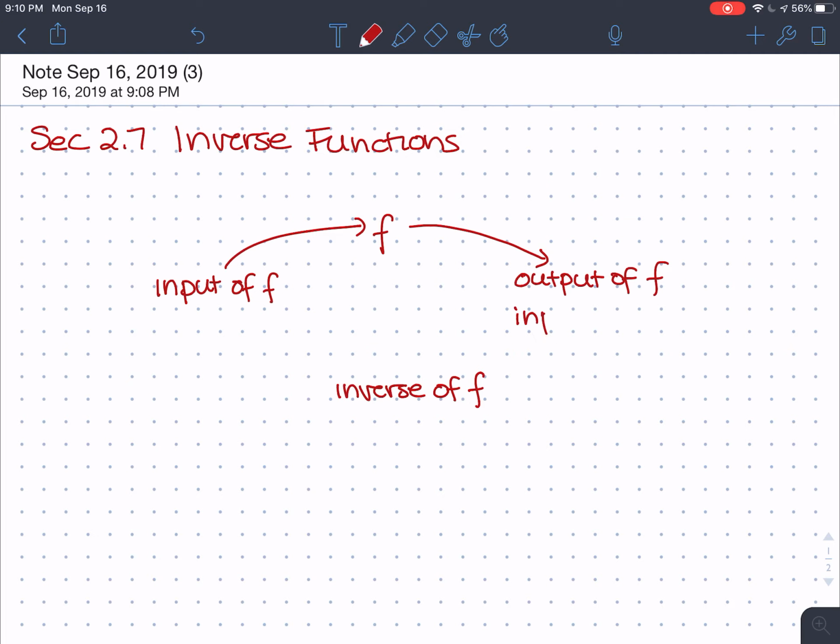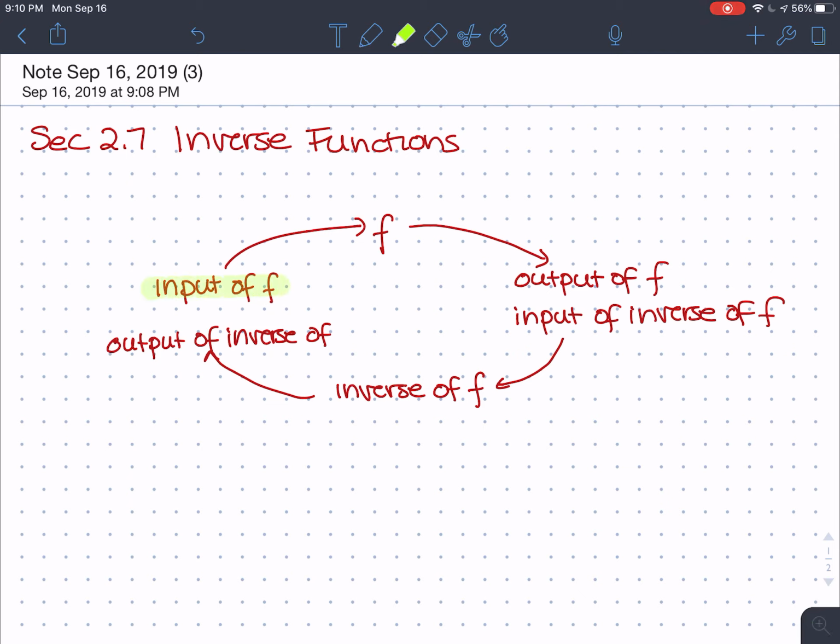It now becomes the input of the inverse of f. I put it into the function, and I get some output of the inverse of f. I'm right back where I started. It undid it. So I take an input, put it into f, I get an output. I take that output, put it back into the inverse, and I wind up right back where I started from. And that's all it is.